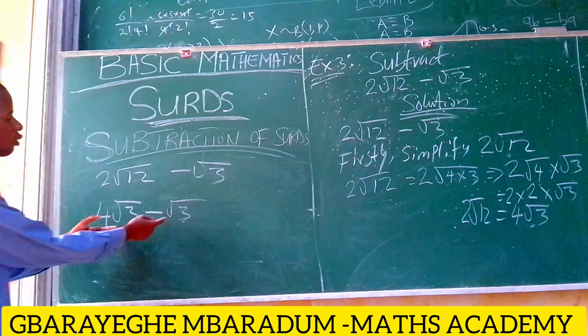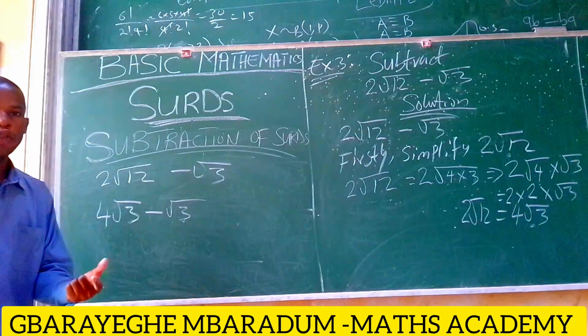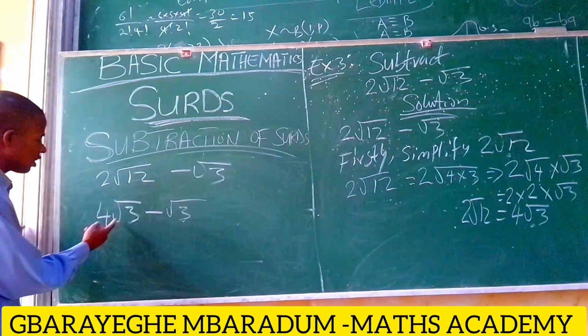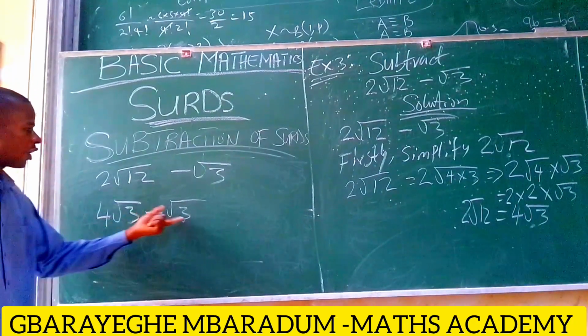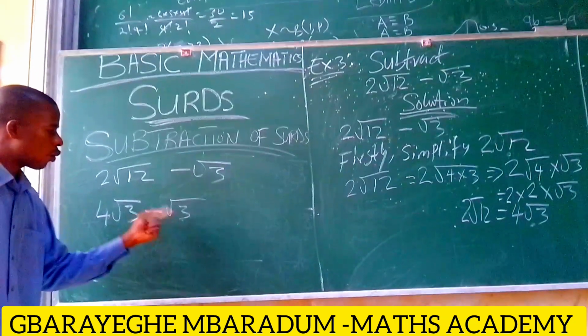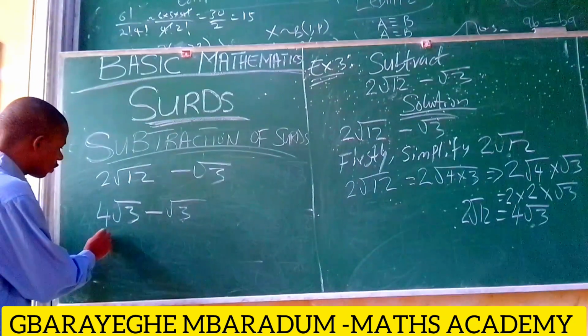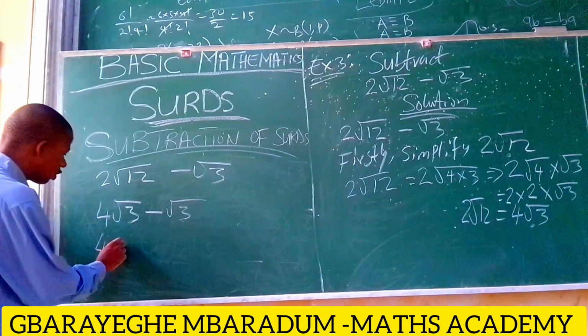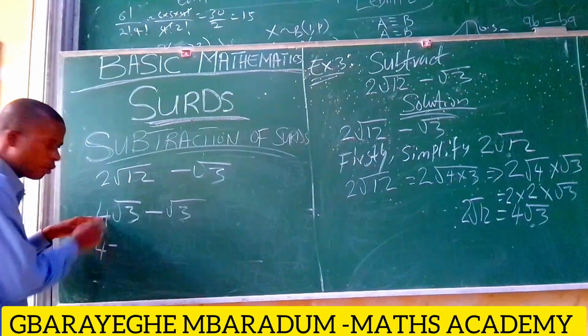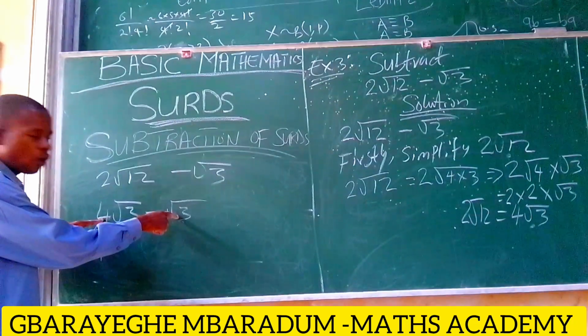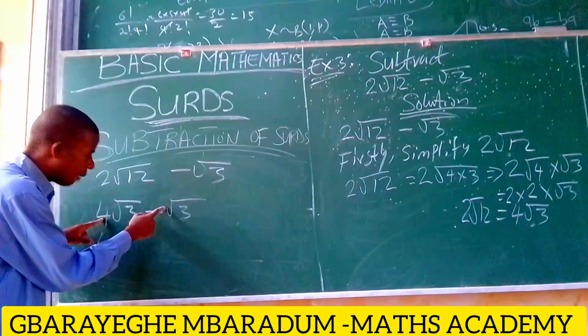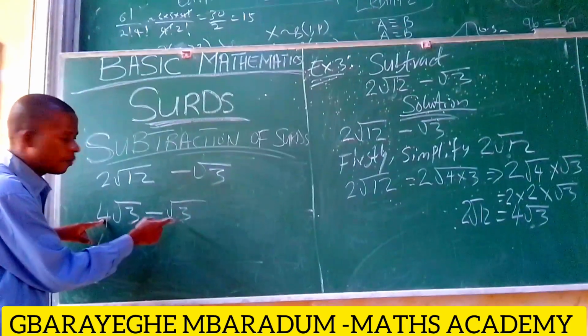For us to subtract this kind of surd, we must subtract their coefficients. The coefficient of the first is 4. The coefficient of this root 3 is 1, so we are going to have 4 minus 1. There is an invisible 1 here, because 1 times root 3 is the same thing as root 3.